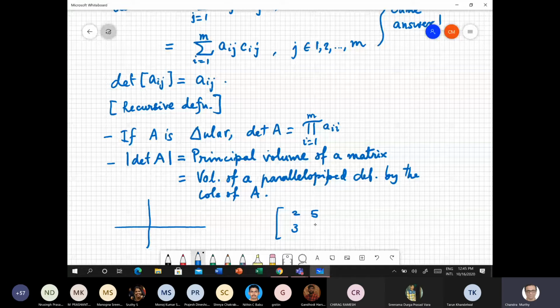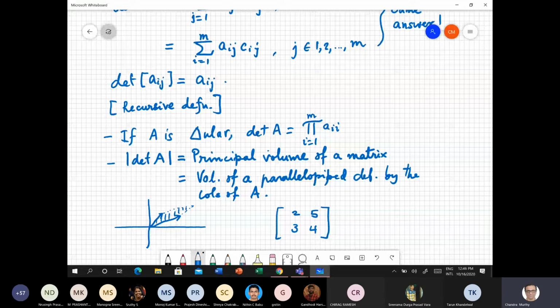This is a vector that looks something like this. And then I take 5 along the x-axis and 4 along the y-axis. This is another vector like this. I use these two to complete a parallelepiped, and then I look at what this area is. That's what I mean by the volume of a parallelepiped defined by the columns of A.